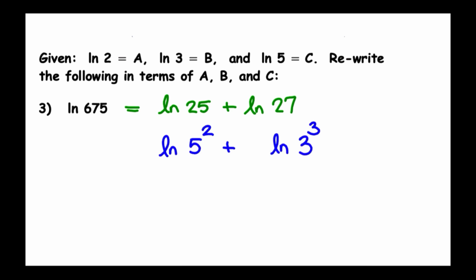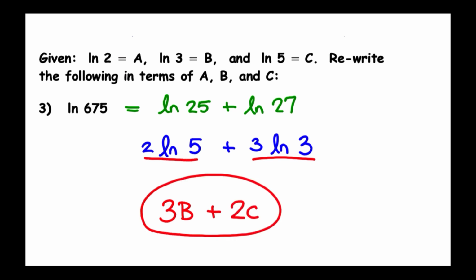And now we bring the power law into play. The 2 comes down, the 3 comes down, they both turn into coefficients, and I'm ready to write my final answer, which is 3b plus 2c. And there you have it.